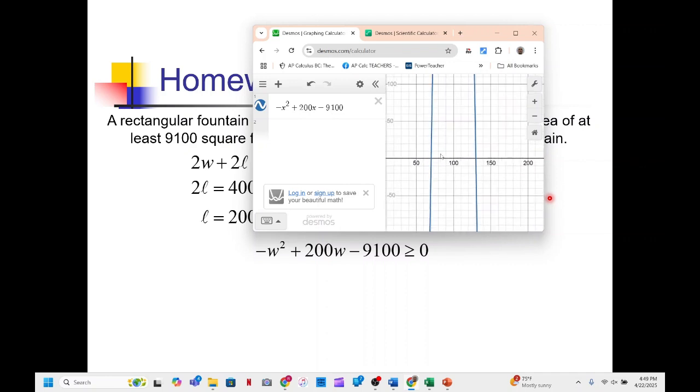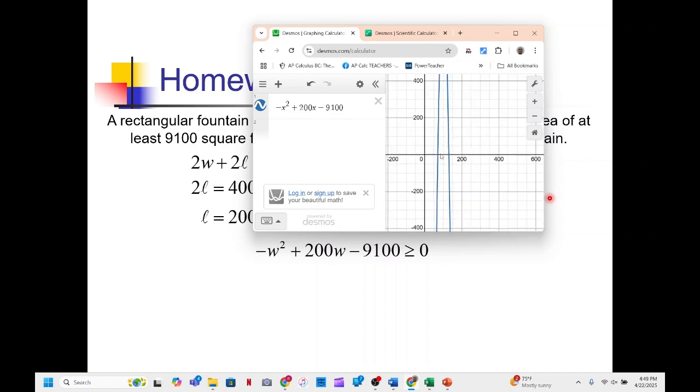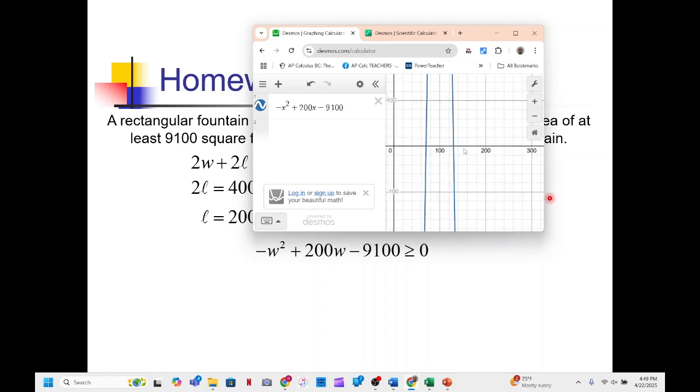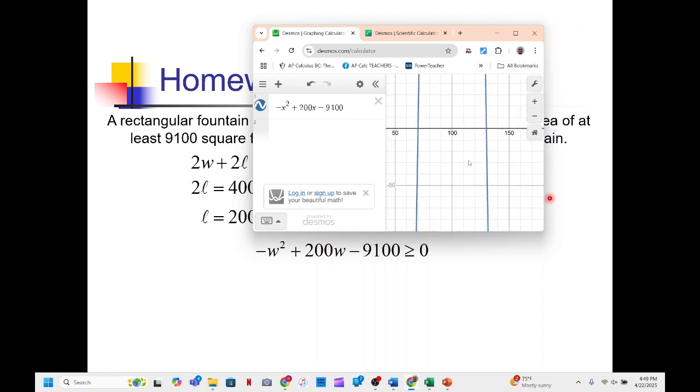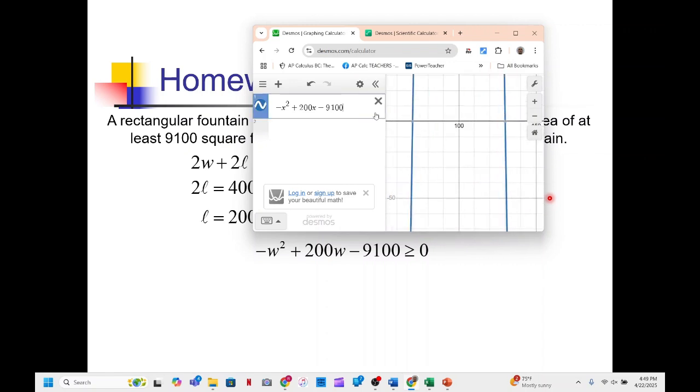All right, so just zooming out enough to see which way this parabola is going. It looks like in between those two x-intercepts, the parabola is above the x-axis, and then outside of them, we're below the x-axis. So what are those x-intercepts? It looks like we've got 70 and 130.